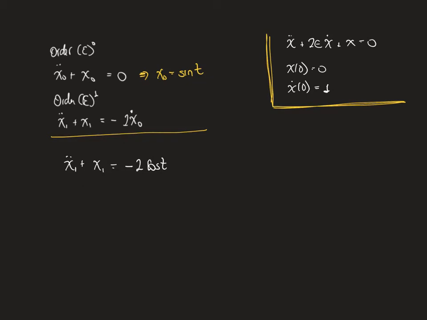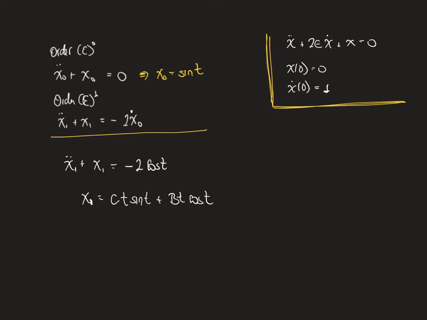So you just look into the literature on internet, you just find that the solution is given by x1 equal, let's call it, I don't know, ct sinus of t plus bt cosinus of t. So this is the solution of x1.